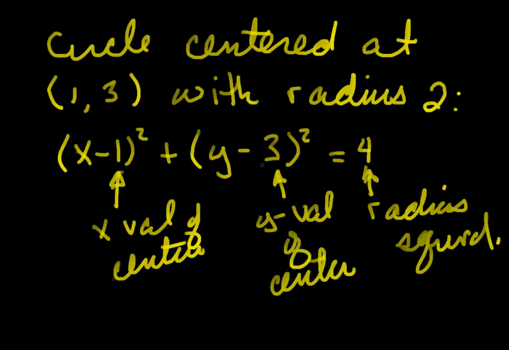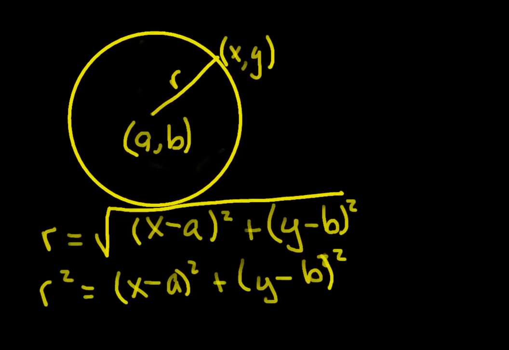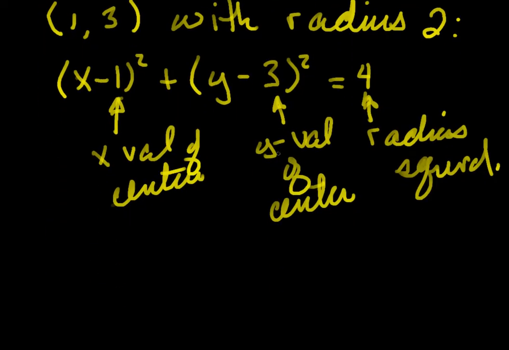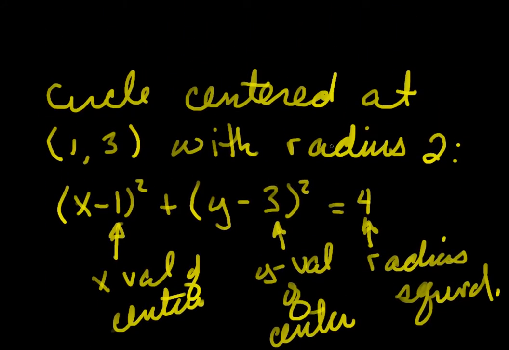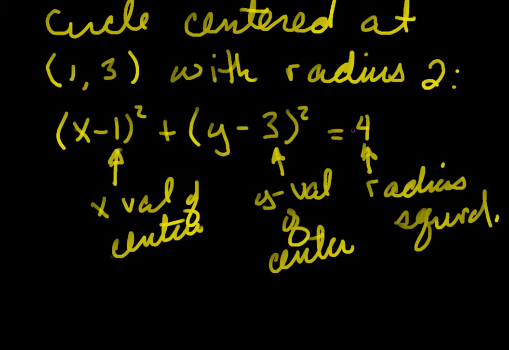So just using the formula that we derived in the previous section, we have r squared, the radius squared, equals x minus whatever the x value of the coordinate of the center is, squared, plus y minus whatever the y coordinate value of the center is, squared. So that's all we did. We filled in the blanks. Our center was 1, 3. We have radius 2. So our equation is simply x minus 1 squared plus y minus 3 squared equals 4.